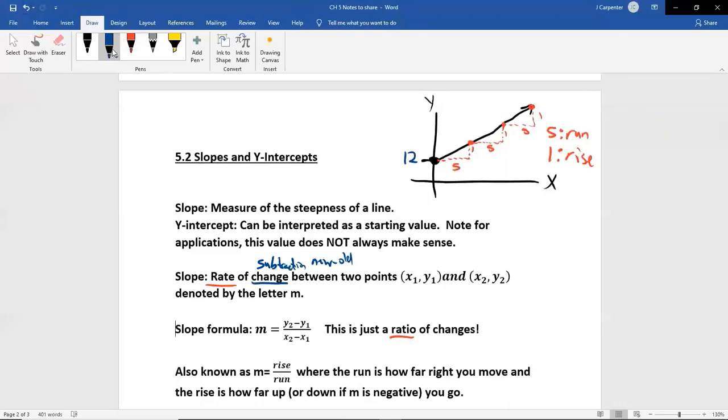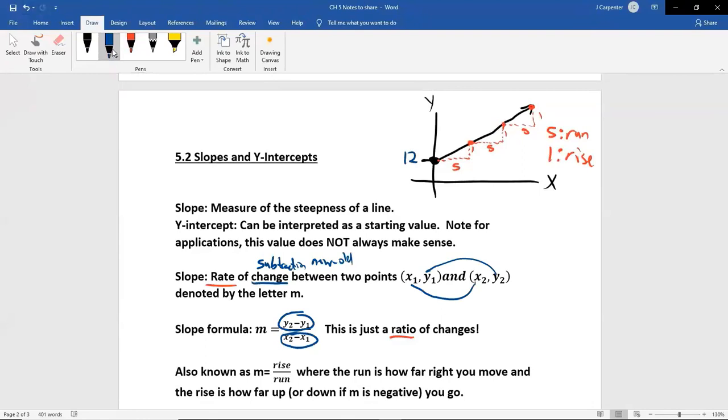So the change in the y values, how far up or down you go. So these are your y values. So that's your top. And then y2 minus y1 would be new minus old. And then the change of the x values would be the difference of these. And again, new minus old, the second minus the first, and that's this.